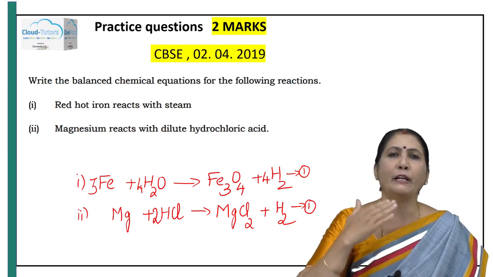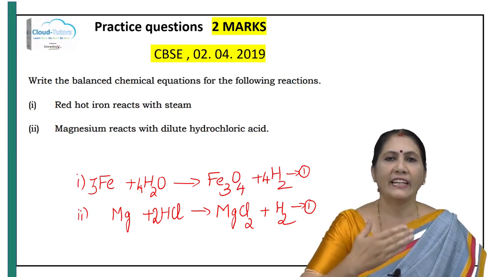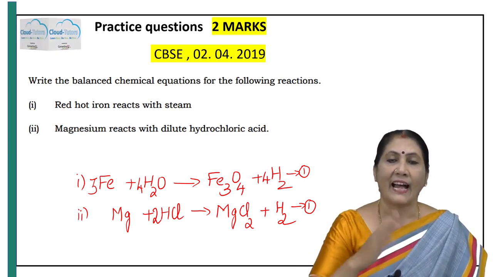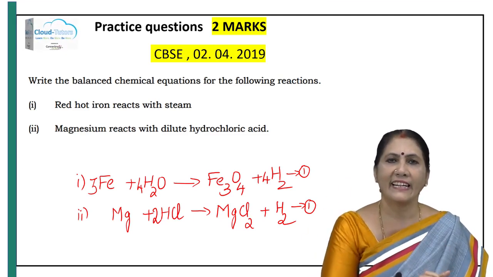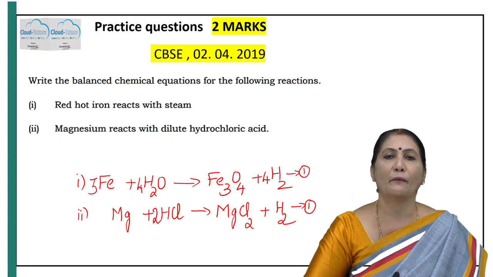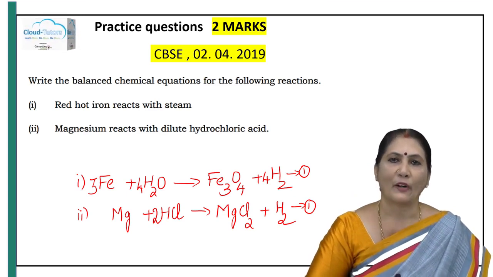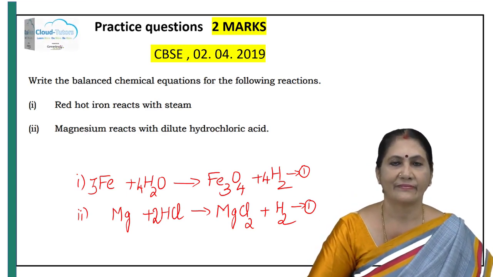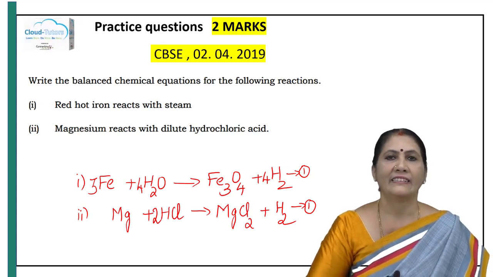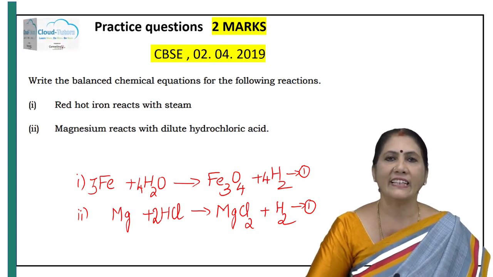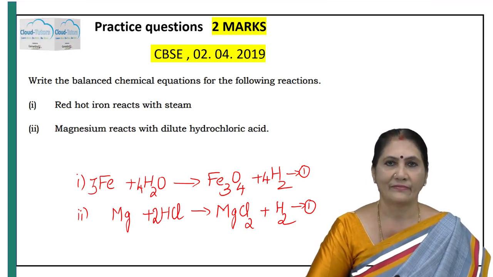So you have to keep trying with various numbers and see that the number of atoms on the reactant side is always equal to the number of atoms on the product side. This particular law was stated by the great scientist Antoine Lavoisier.